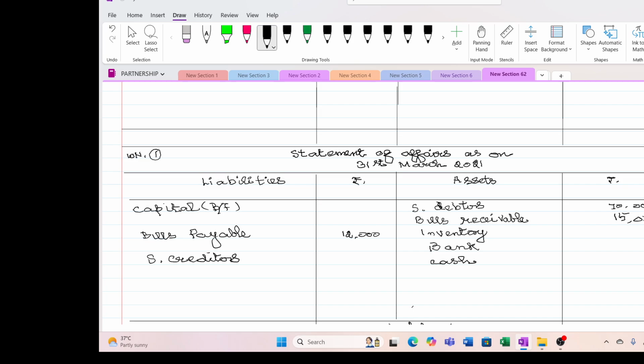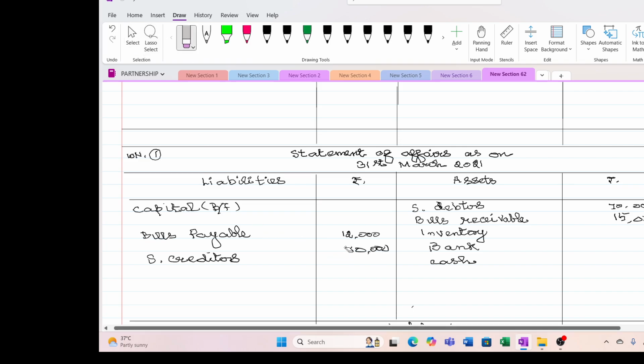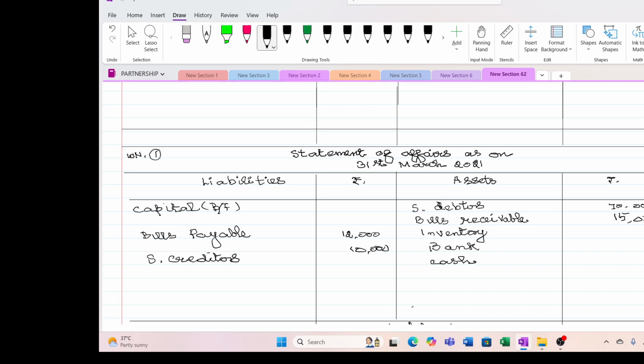Then sundry creditors is 40,000. Okay. Then inventory is 1,10,000. The moment you write inventory here, you have to write it in the opening stock also. Okay. Bank 90,000.